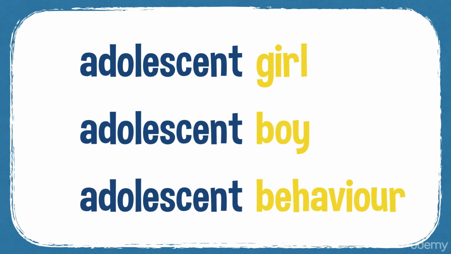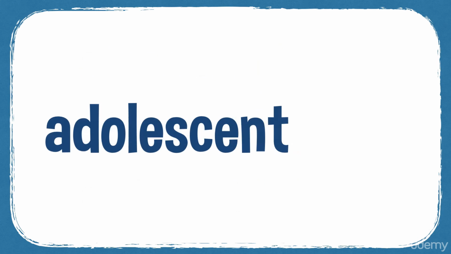Adolescent behaviour. Adolescent behaviour is kind of actually childlike behaviour of a teenager. So if a teenager behaves like an adolescent, they're doing silly things, they're doing stupid things. So strangely enough, adolescent behaviour is really childlike behaviour.